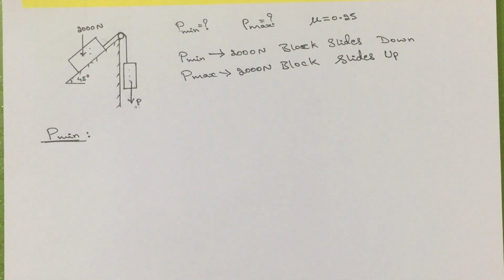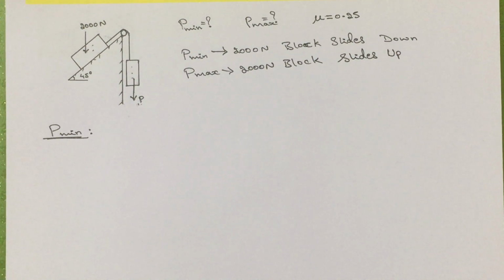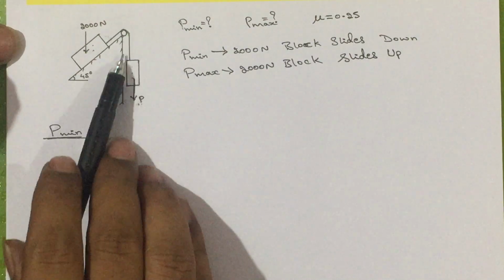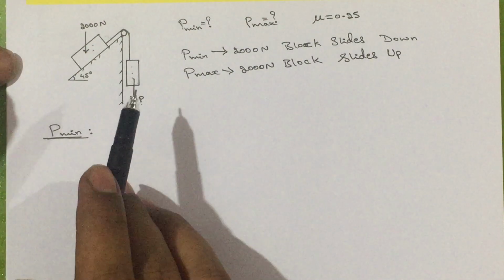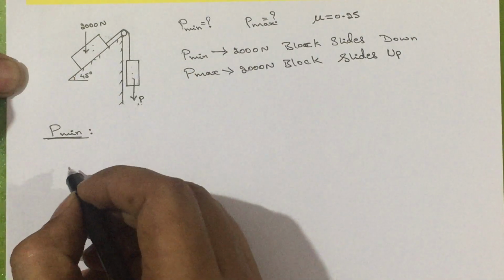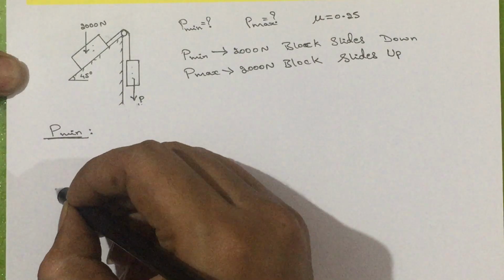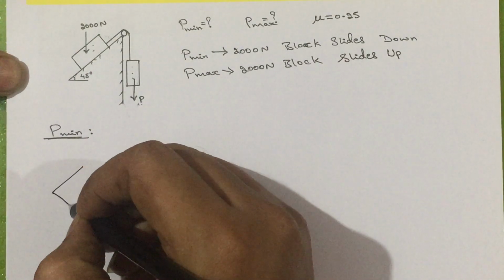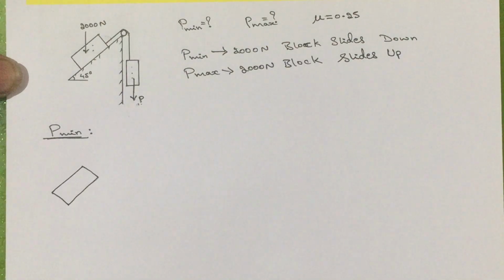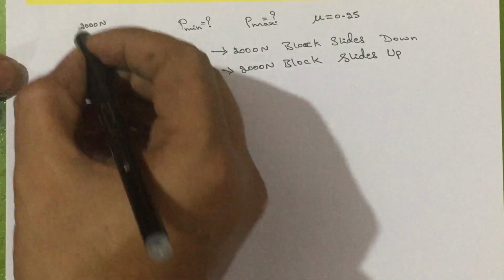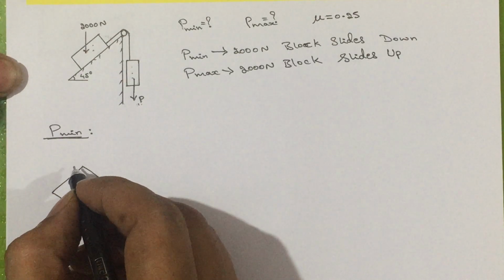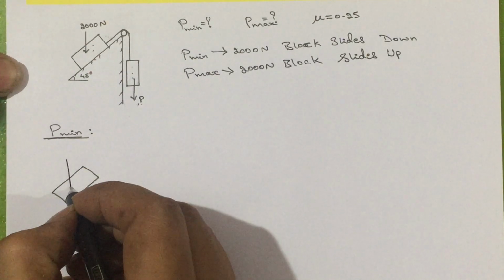Now, let us write the free body diagram. Here we have two blocks, one is 2000, another one is this block. So, let us write the free body diagram of this one. For the 2000 Newton block, just draw the block. Then the self weight of the block, that is 2000 Newton, always acts vertically downwards.